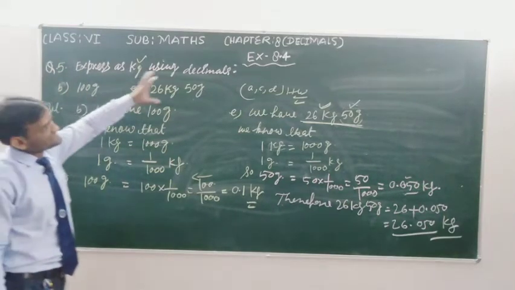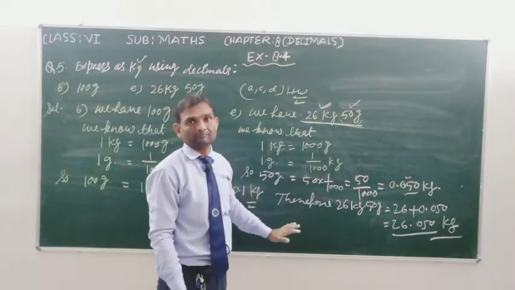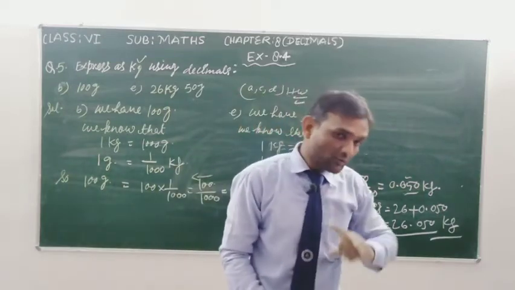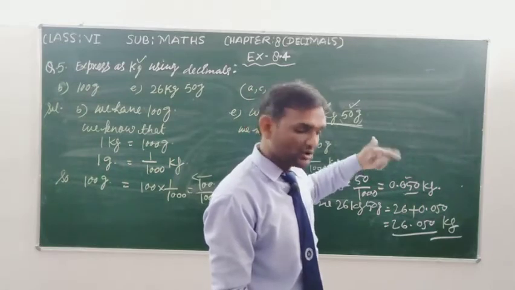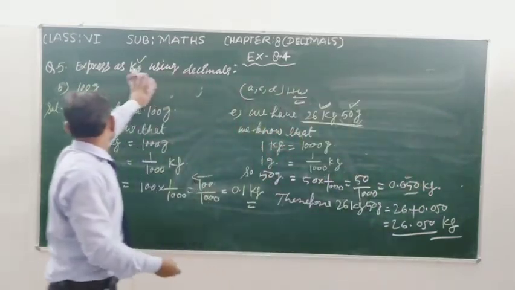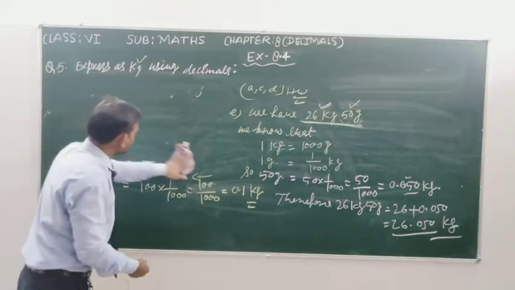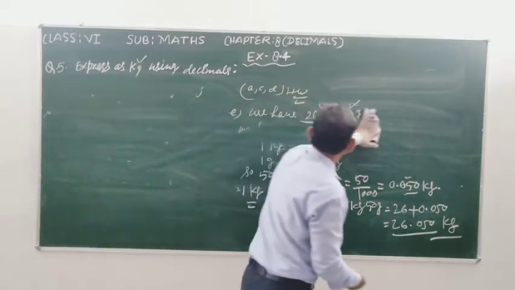It means exercise 8.4 has finished today, and in this video I am going to start new exercise, your new exercise 8.5. Student, only one question I will do in this video of exercise 8.5.